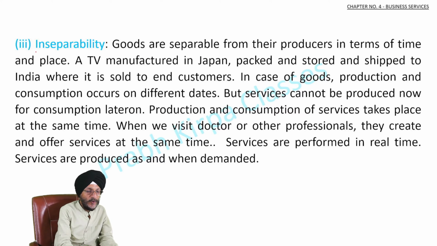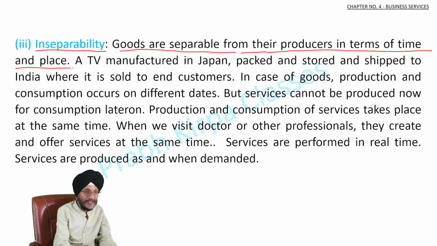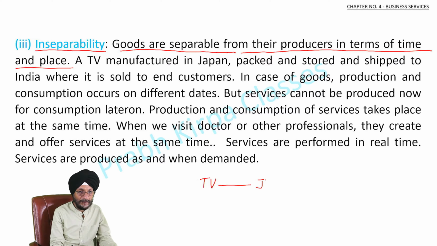Next feature of services is inseparability. Goods are separable from their producers in terms of time and place. Suppose a TV is manufactured in Japan. It is then sent to India. Then it is sent to some other state, say Delhi.